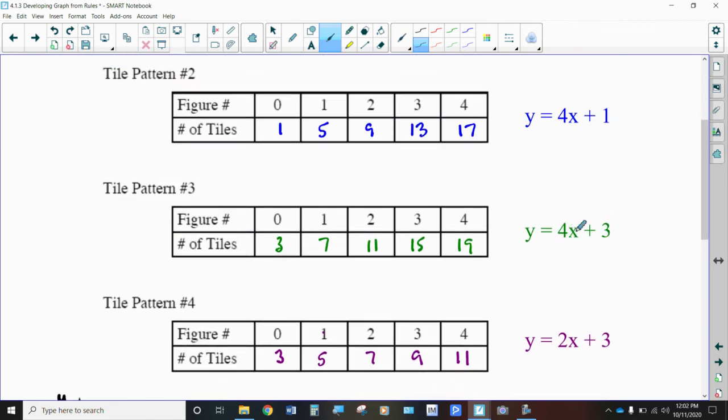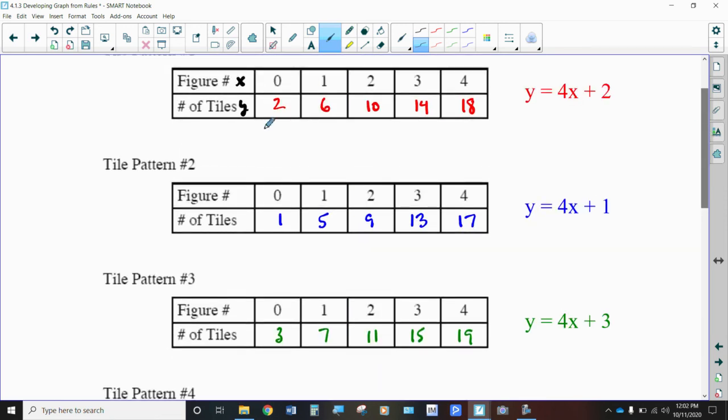Remember, when x was equal to 0 here, it didn't matter what the growth rate was because y was always going to be equal to this number being added at the end, right? 3, 3, 1, 1, 3, 3, and 2, 2. So these, I'm going to highlight, this is your y-intercept, which corresponds to your starting figure 0 in your tile patterns.